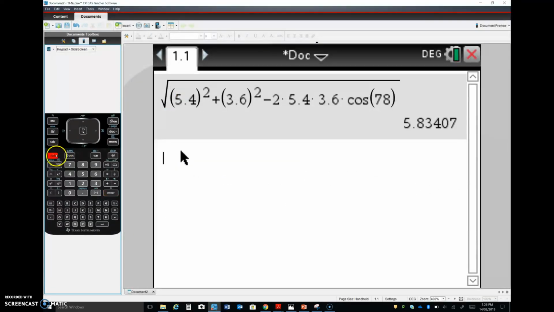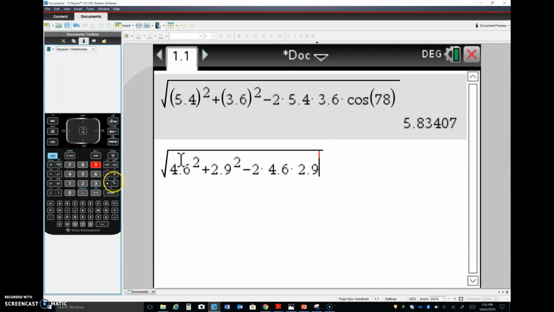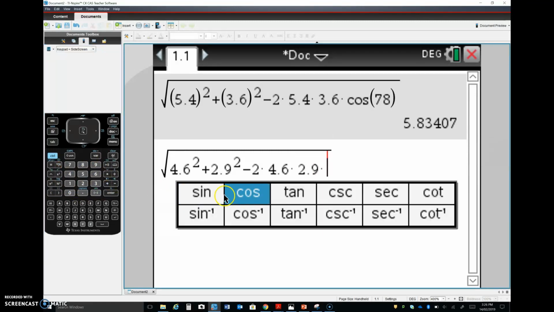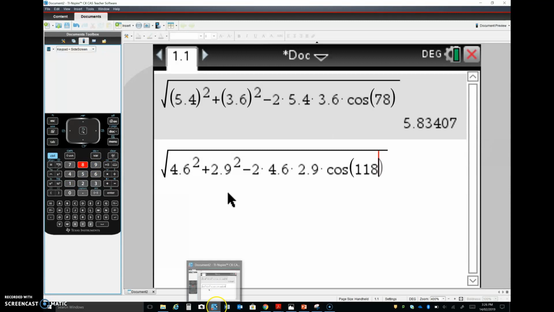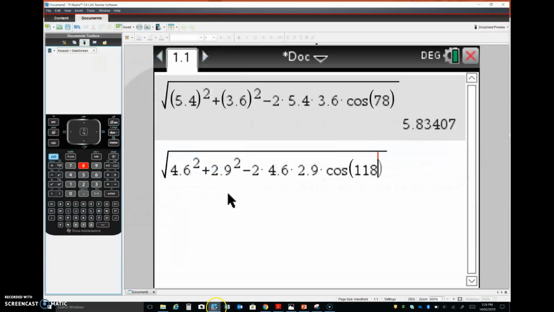Okay, so 4.6 squared. Cosine 118. That was right, wasn't it?